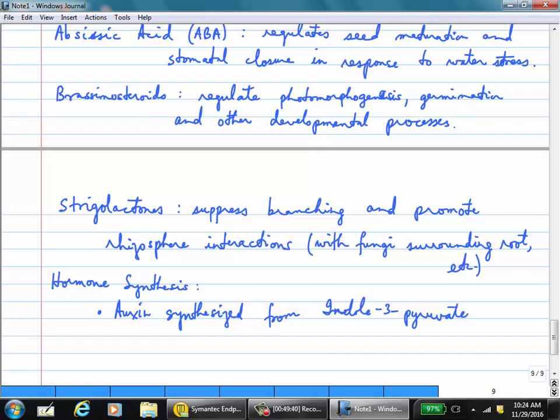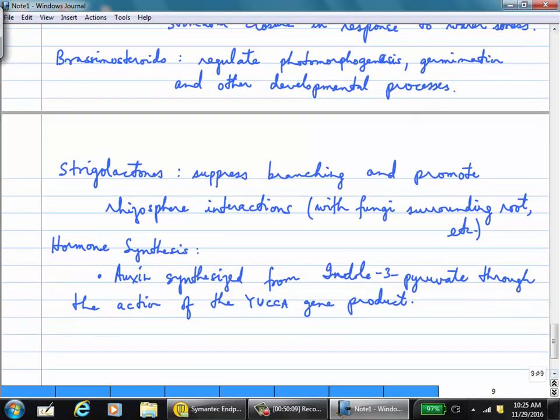So glycolysis, TCA cycle and so on. So auxin is synthesized from indole 3-pyruvate through the action of the YUCCA gene product. And again, I'm just mentioning this as an example. I don't know what the structure of the YUCCA gene product is, but I just mention that for each one of them, there will be different steps in those pathways.